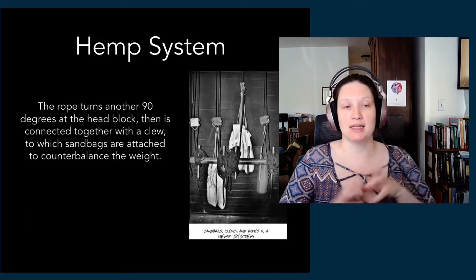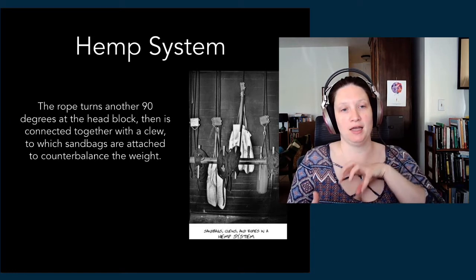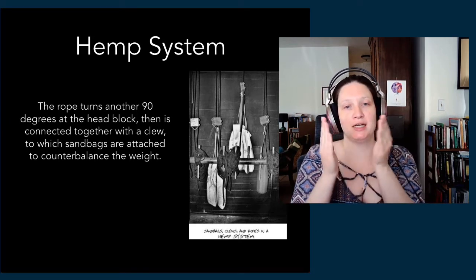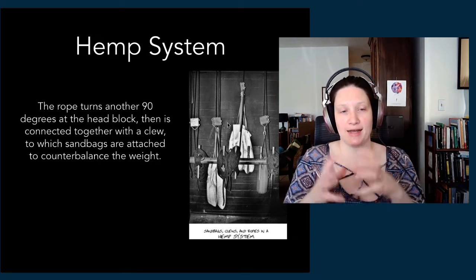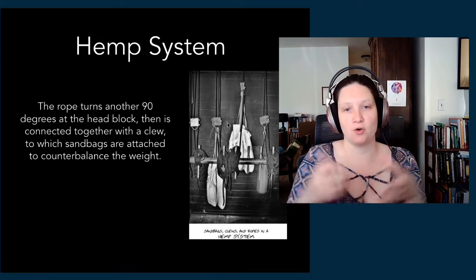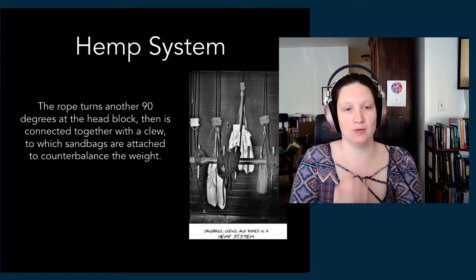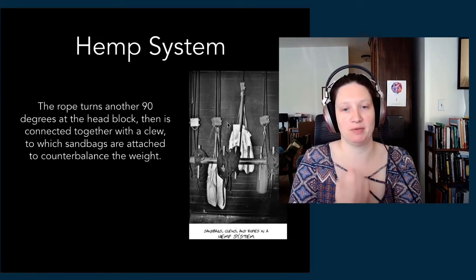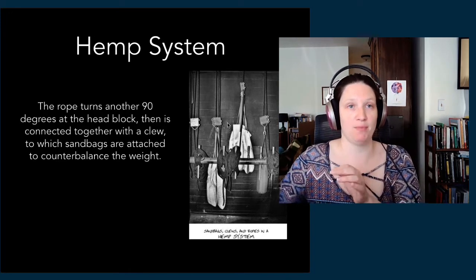This is then facilitated with a clew which connects, which is like this little guy here, right? Which then connects those 3 ropes or however many ropes together and allows you to attach weight, typically a sandbag weight system, to raise and lower and counterbalance the weight of the pipe, right?